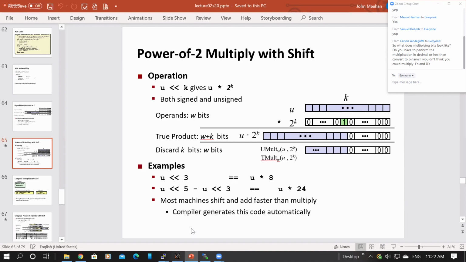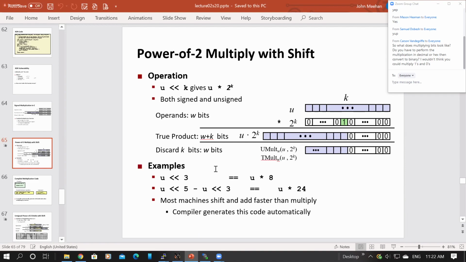Well, why do we care that we can do that with shift operations? Well, the most expensive instructions on the computer in terms of the number of clock cycles that it takes are floating point multiplication and division is the worst. And a similar thing happens with integer, which is what we're dealing with.